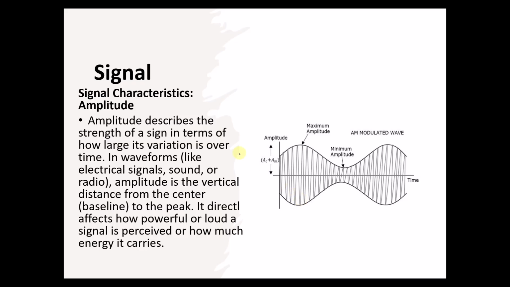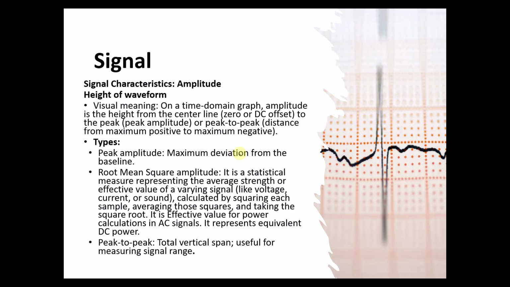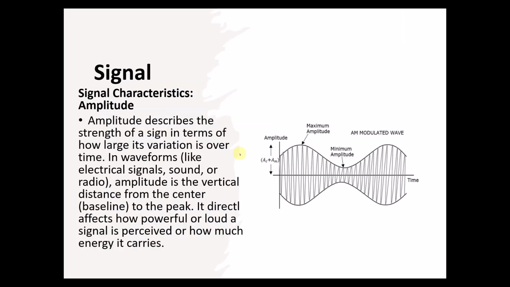But root mean squared is a statistical measurement representing the average strength or effective value of a varying signal. As the signal varies along the path, you see that the amplitude is changing, it goes higher and then it drops. As the current varies, amplitude levels are taken from point to point, and these amplitude levels are squared, and after they are squared, the average of them is taken, and then after the average is taken, you take the square root, and that value is what we call the root mean squared.